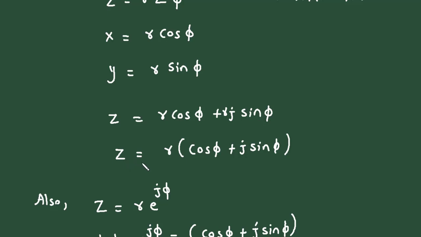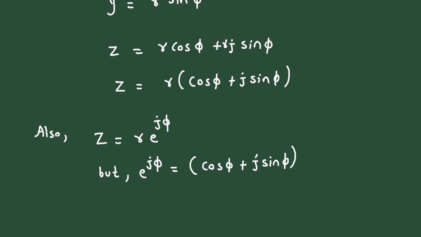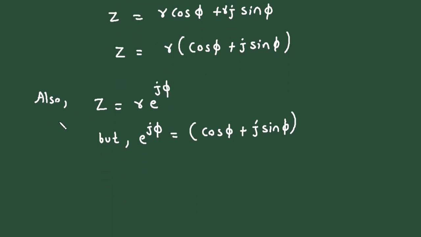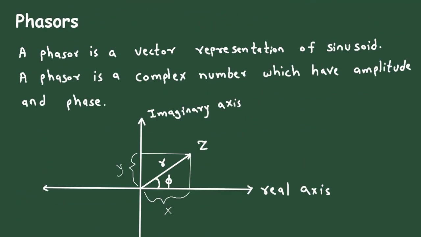So z is equal to r, we can take this r common, so r in bracket cos phi plus j sin phi. Also in exponential form, z is equal to r into e to the power j phi, where this e to the power j phi is equal to cos phi plus j sin phi. So this is about phasors.